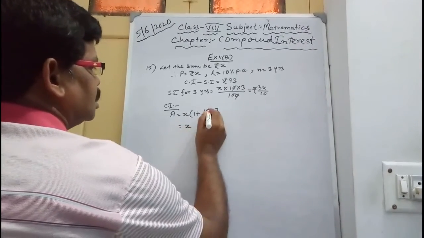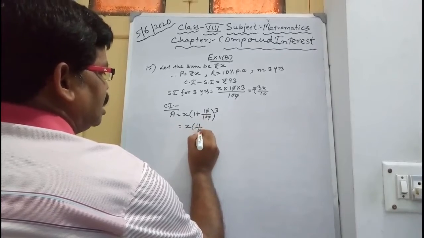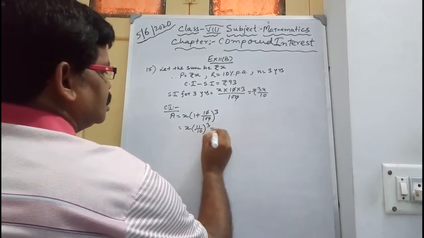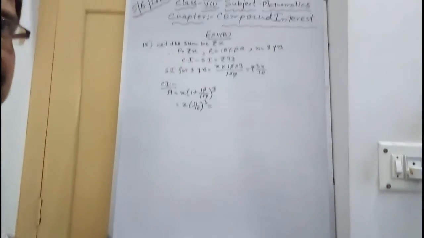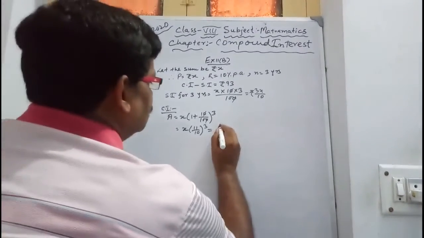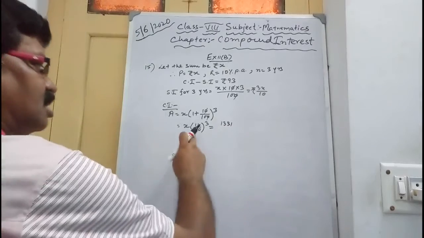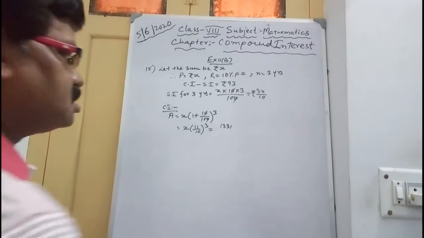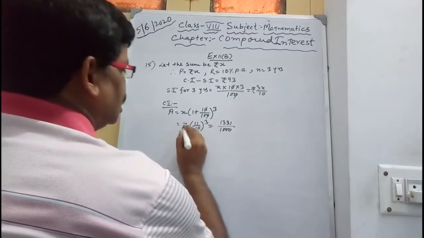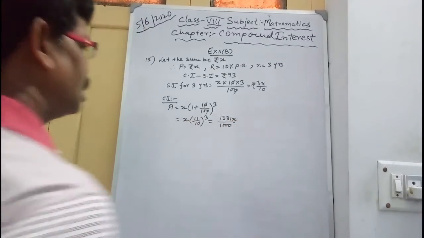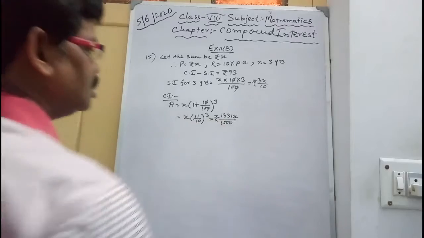So x, this 0 cancel. So 11 by 10 power 3. So multiply 11 3 times, that is equal to 1331, and multiply 10 3 times, that is equal to 1000. Here x, so x is written. So the amount is rupees this one.